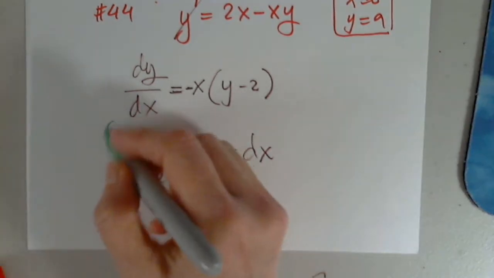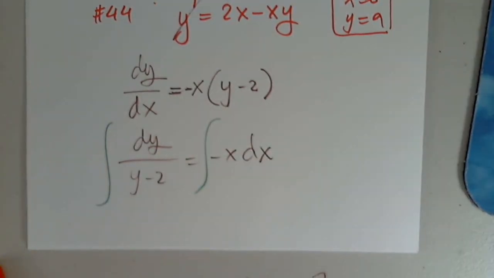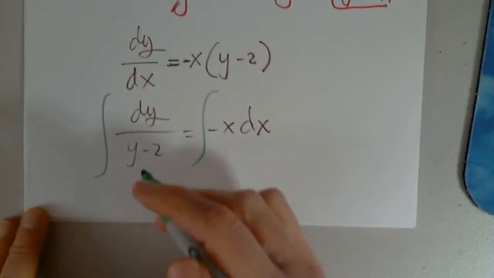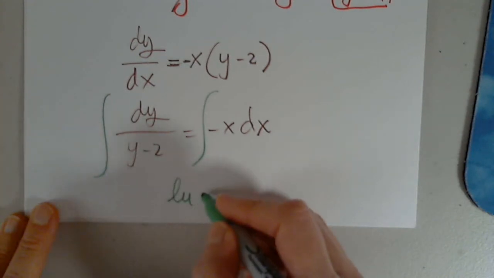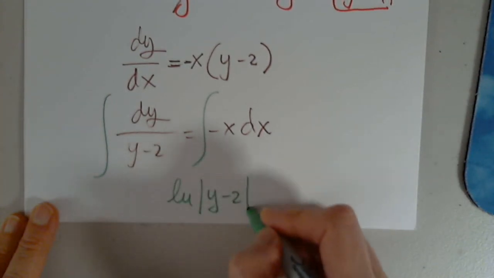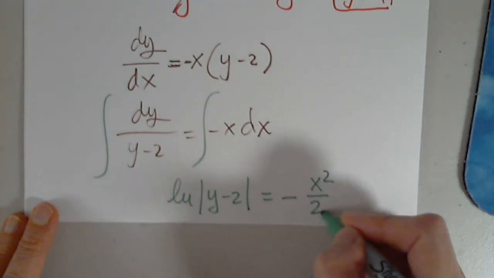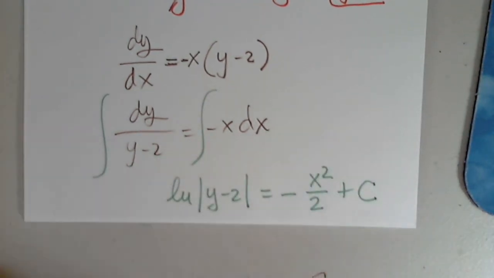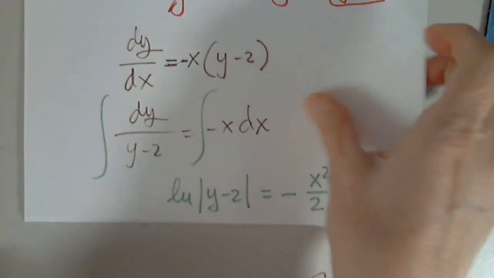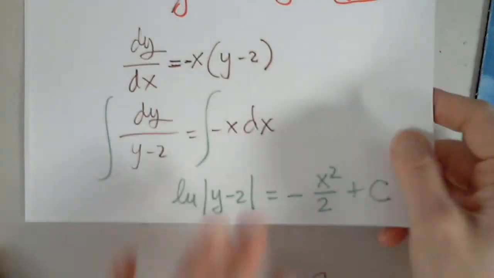And now I can integrate. The left-hand side, I know, is natural log of the absolute value of y minus 2. And the other side is negative x squared over 2 plus a constant c. Now I'm trying to solve for y.